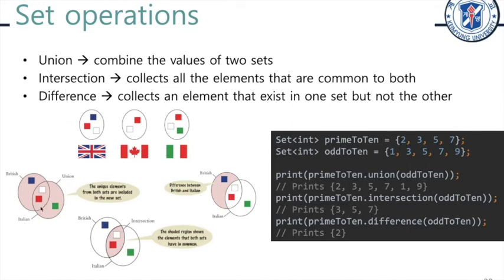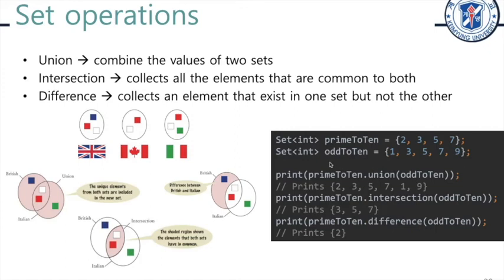For instance, the union between an Italian and a British flag contains all these colors. The intersection of a British and Italian flag contains only red and white, and the difference between a British and an Italian flag is blue, and you can see that here. To do that, you can use these methods.